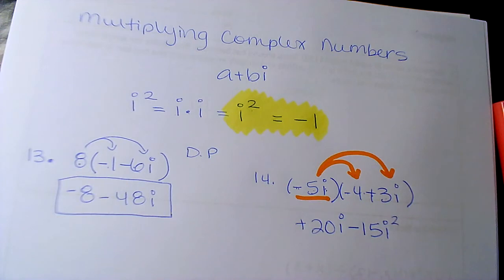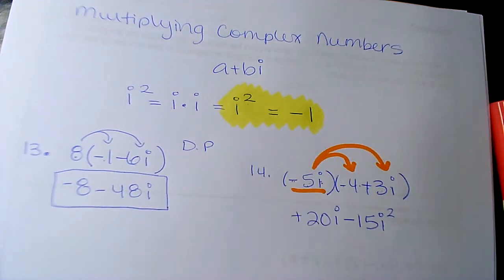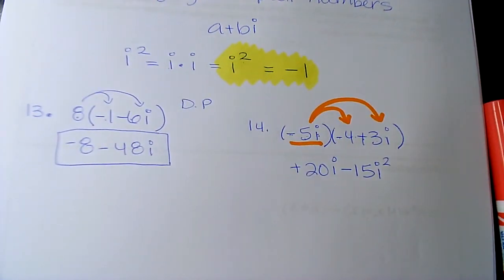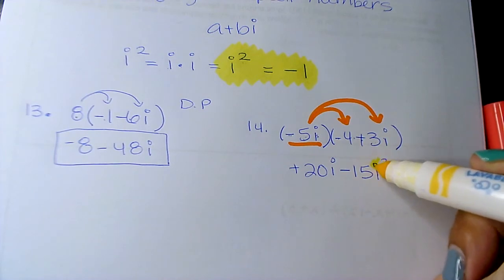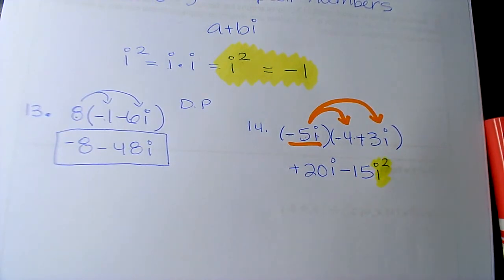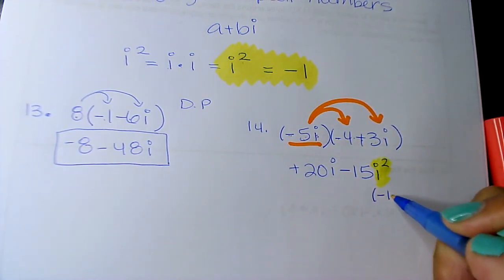Kind of like x times x is x squared, a times a is a squared. As you see from this highlighted yellow, i squared is equivalent to negative 1, so you can just substitute. Instead of this i squared, I'm going to throw in a negative 1.